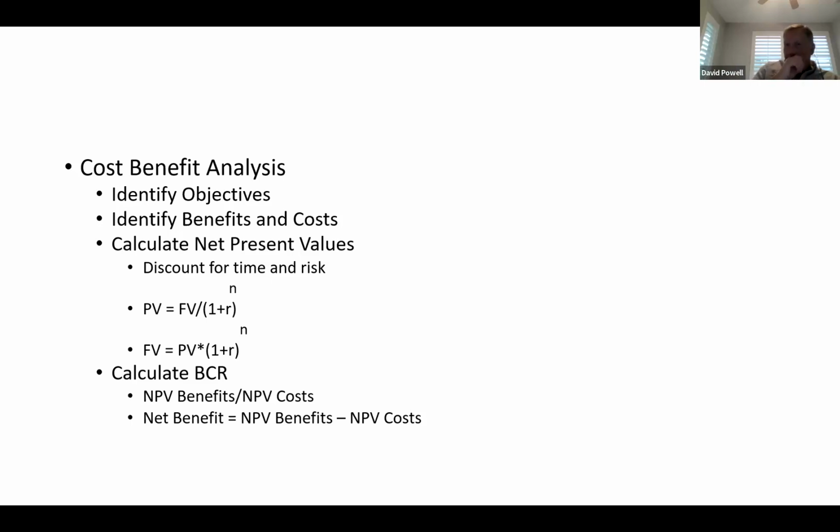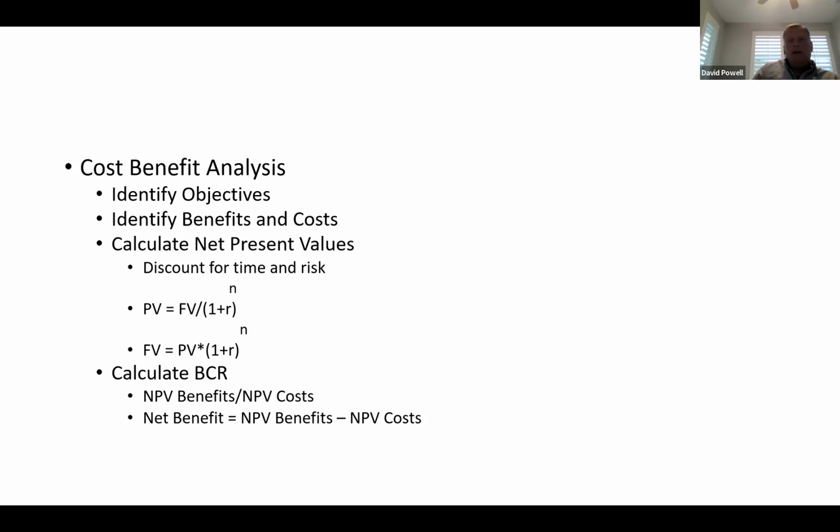That benefit cost ratio will take the present value of the benefits and divide it by the present value of the costs. If benefits and costs are equal, your resulting benefit cost ratio will be 1. If your costs exceed your benefits, your denominator is larger than your numerator, then it will be less than 1. If your benefits exceed your costs, your numerator is larger than your denominator, then it will be greater than 1.